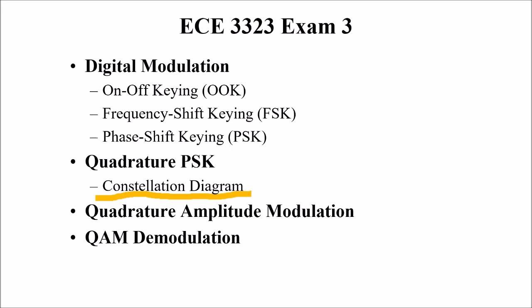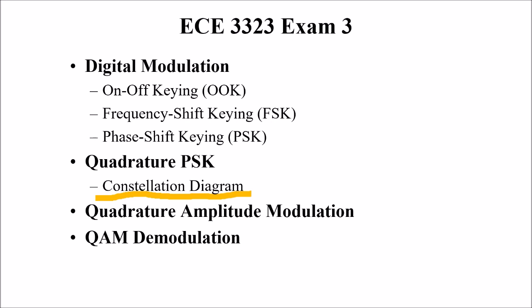And then we looked a bit at quadrature amplitude modulation, where the binary signal is broken into words, symbols of a certain number of bits, 2, 3 or 4. We're not going to look at any more bits per symbol than that, though it's conceivable that you could have more.